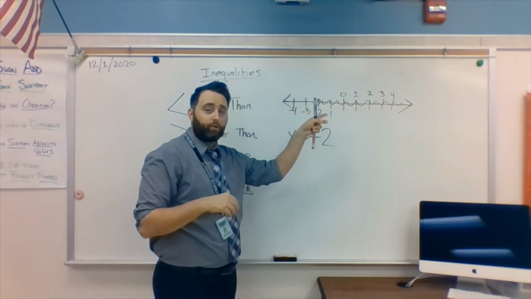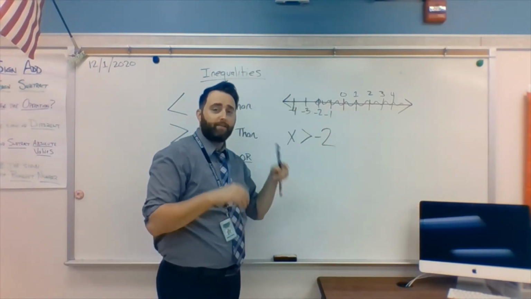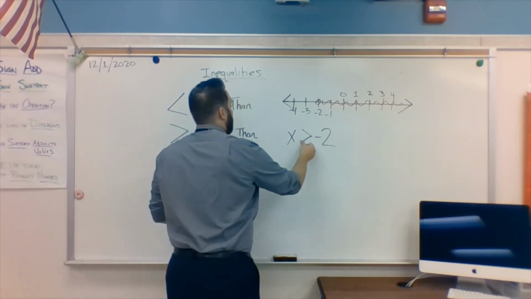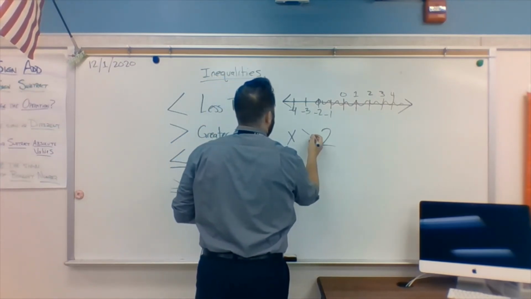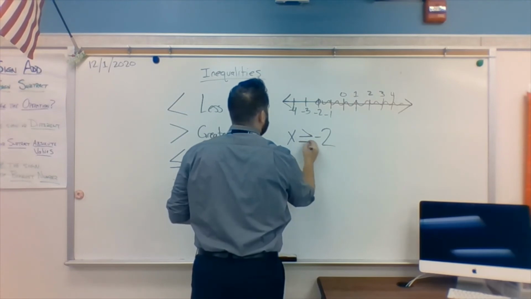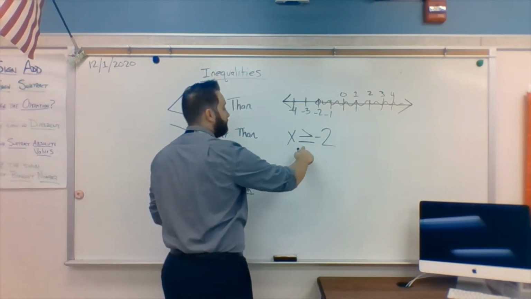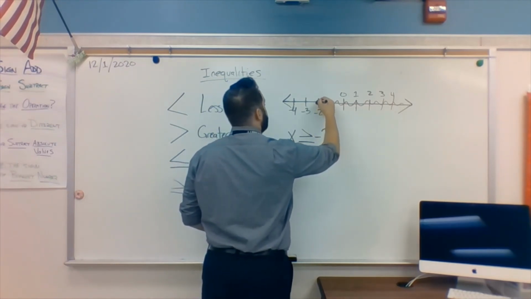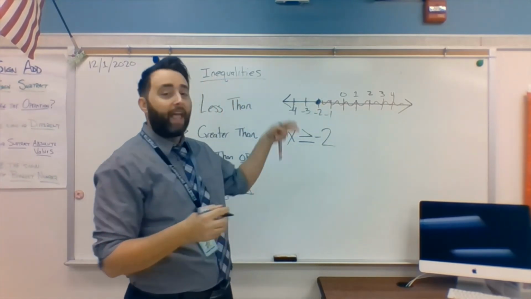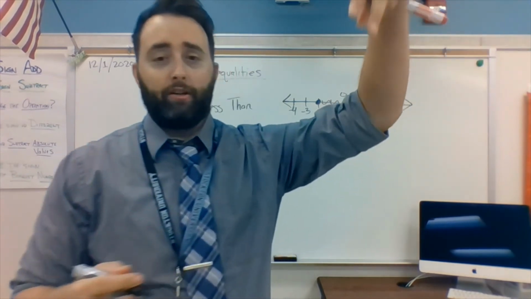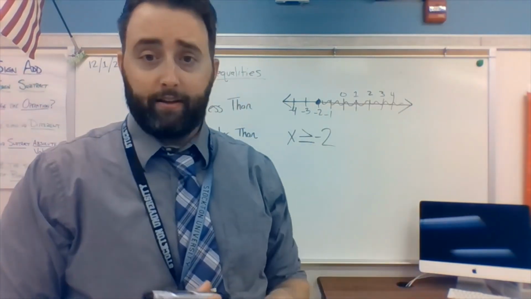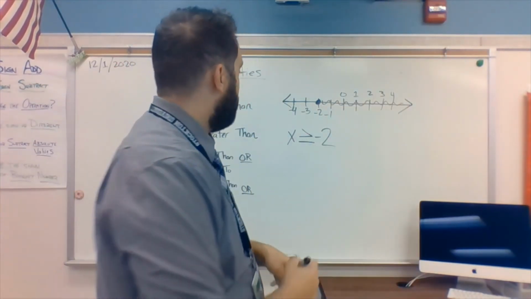That's why we have the open circle, because it does not include -2. Now, when I add this part, the mouth is smaller, there's an extra thing to fill it with, that's when it gets filled in, because now it is including everything after -2 and -2.